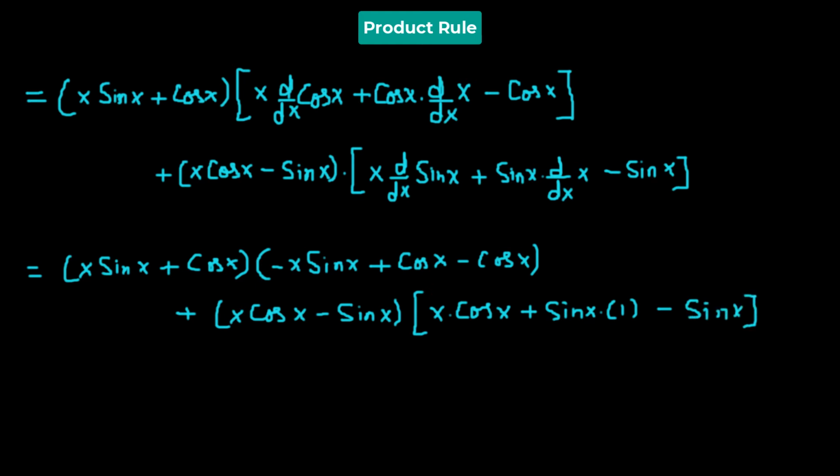Now here we can see that there are some additive inverses here, so cosine of x and negative cosine of x cancels out, and in the second term sine of x and negative sine of x cancels out.